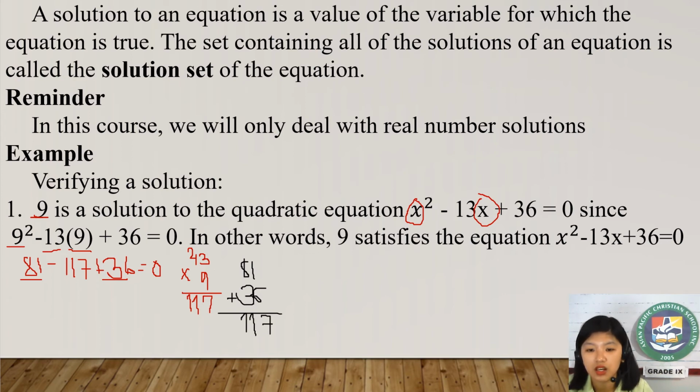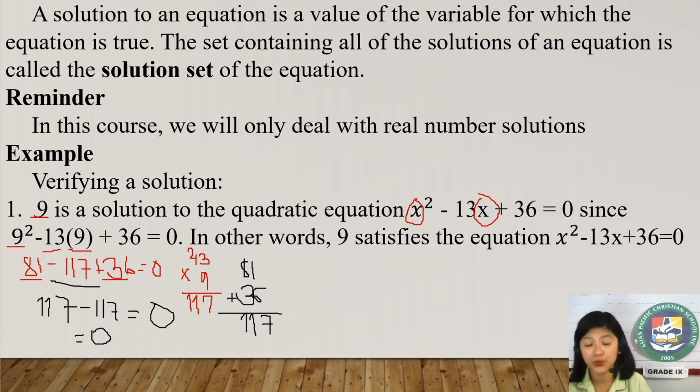So, since positive 117 minus 117. Since 117 minus 117 equals to 0. And kapag nag-equal siya sa 0, that is, nasatisfy niya yung ating solution.